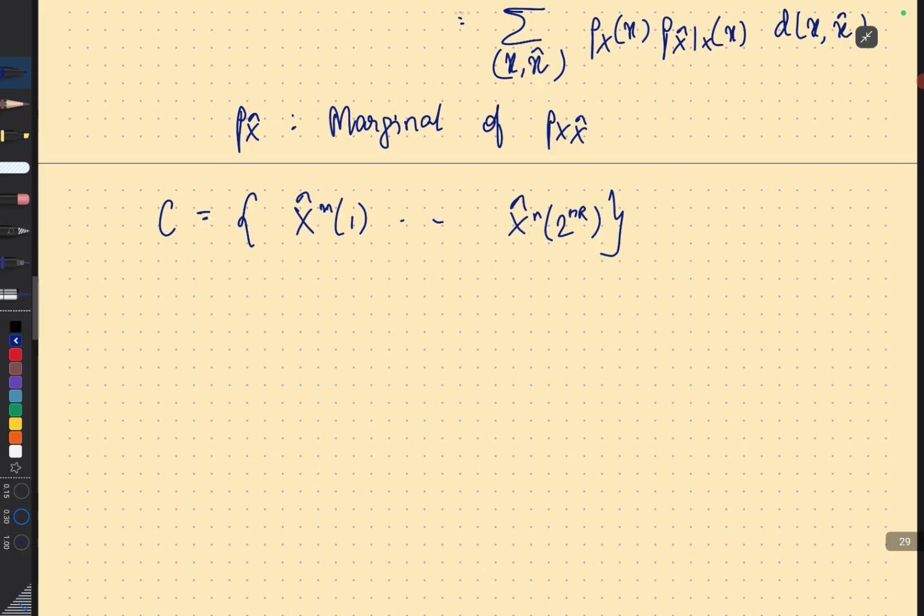I can potentially write this as maybe an n times 2 to the nR matrix, where each entry of this matrix is IID P x hat.